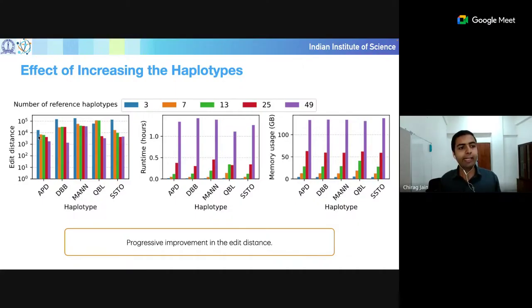You can see that the edit distance keeps on improving as you add more haplotypes. However, we also find that the runtime and memory usage of our method increase with the increasing number of haplotypes. This is something that we would like to focus on: how do we scale this solution to a large number of haplotypes going forward.